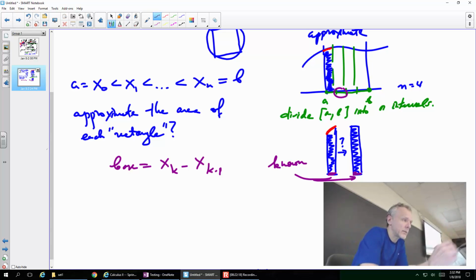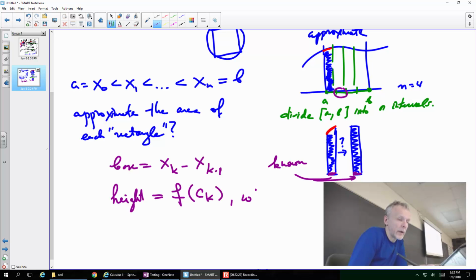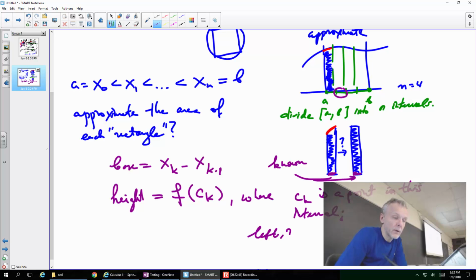So the height is f of c sub k, where c sub k is a point in this interval. It could be, as we just discovered, the left point, the right point, or the midpoint.